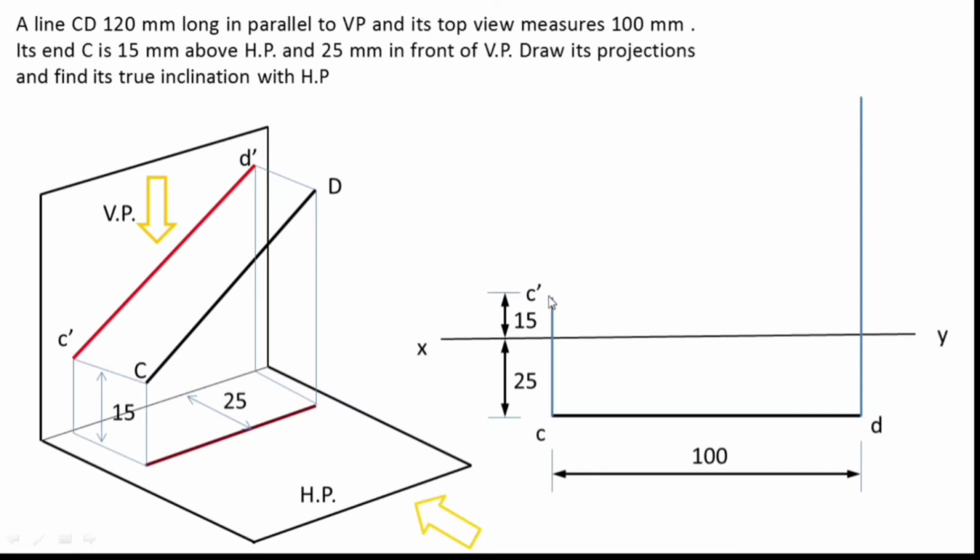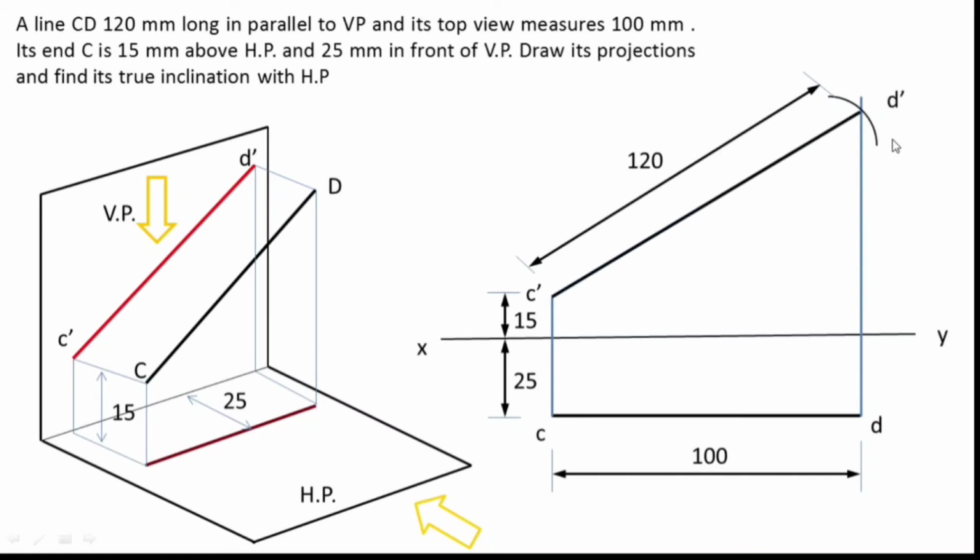I mark an arc on this line in this way, and this intersection point is joined with C dash. 120 mm is the radius from C dash to D dash, and this intersection gives the point. So I join C dash with D dash in this way.